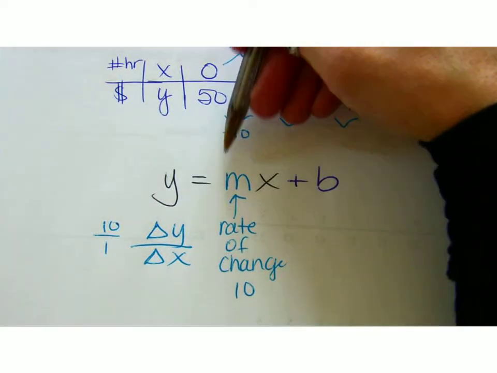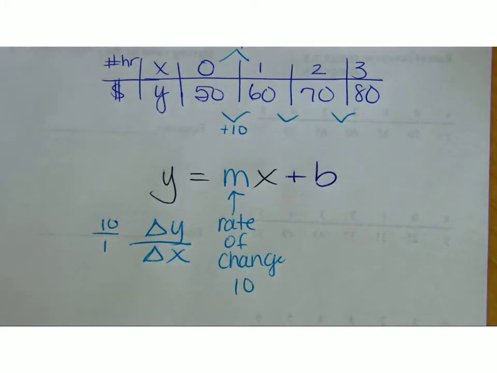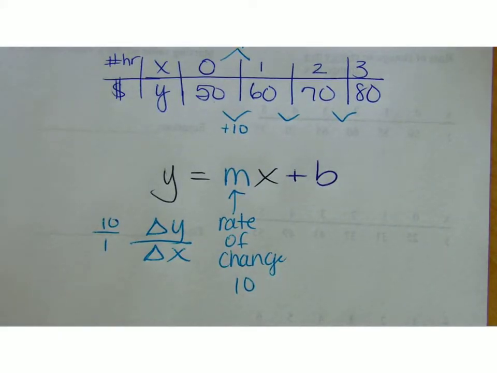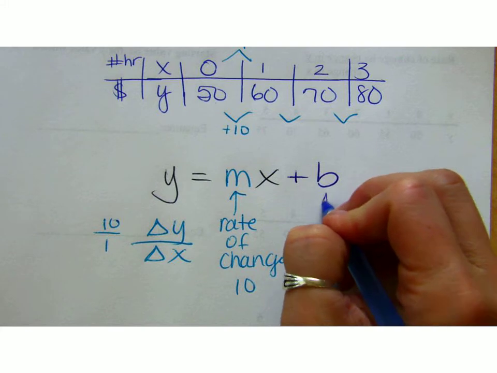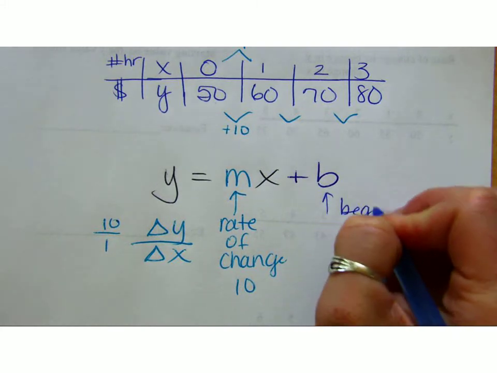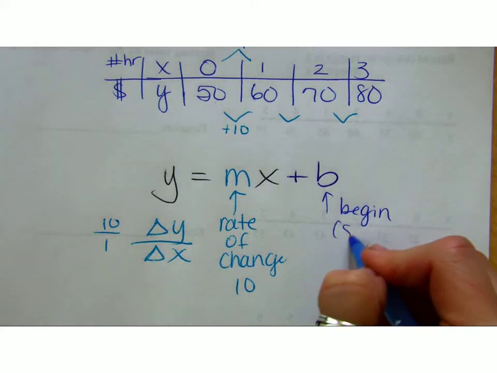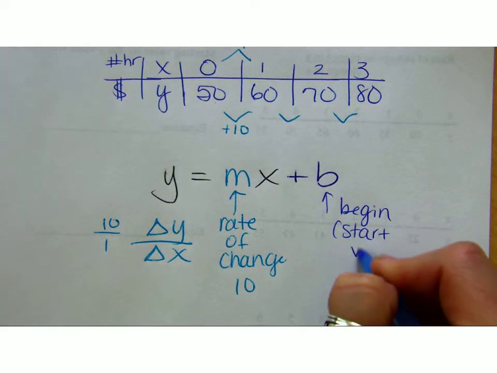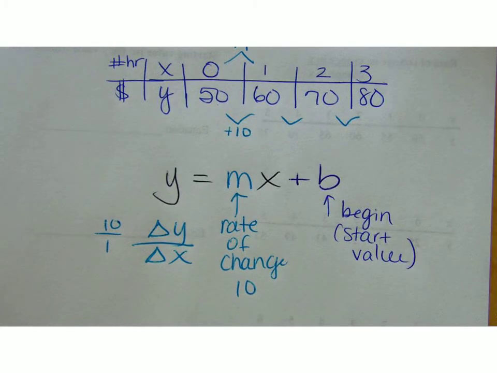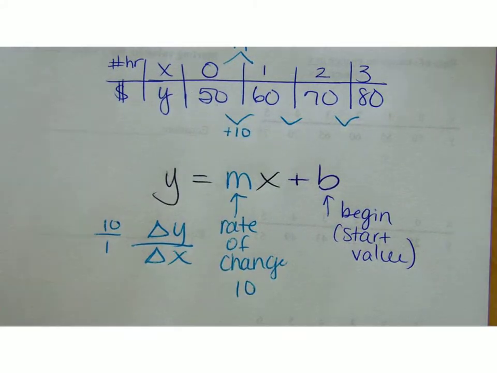That number always goes right in front of that, okay? B, that's where you begin. We're going to call this later in Unit 5 the y-intercept. This is the starting value. Okay, we're not even close to that yet. What was the starting value? 50.